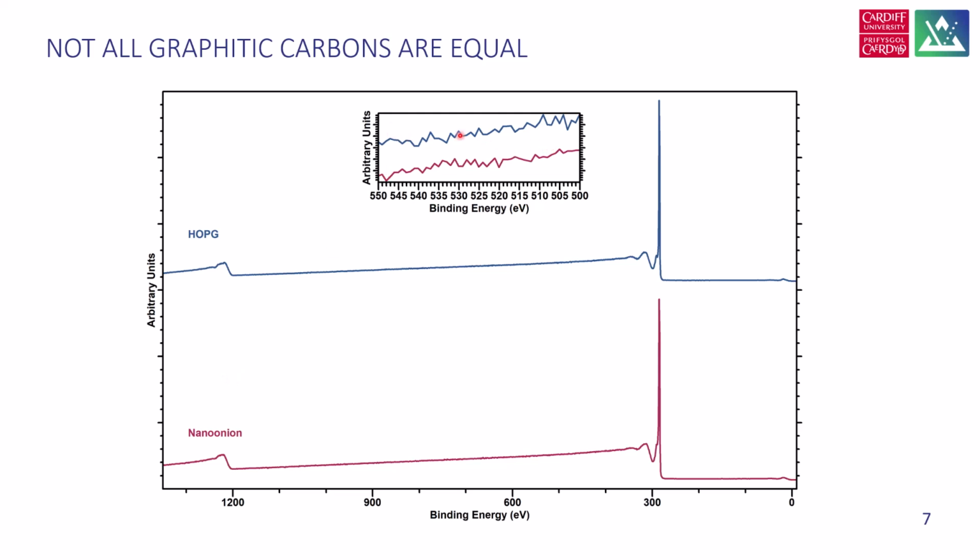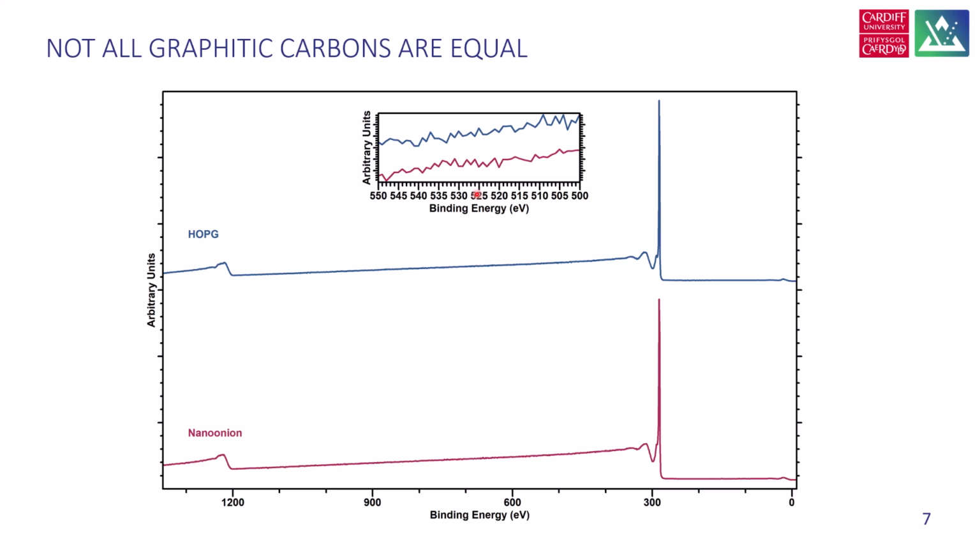I've enlarged the oxygen 1s region from both spectra, and we can see that these are void of oxygen. And again, we don't see an oxygen Auger at around 960 electron volts binding energy, which would show us that there is oxygen there. So both these materials are free of oxygen.